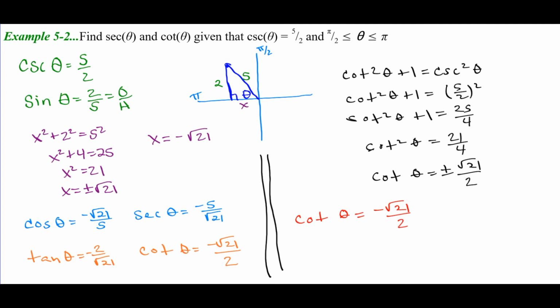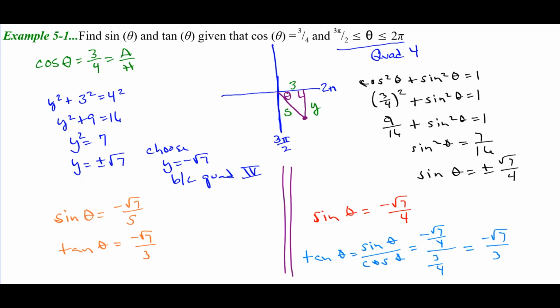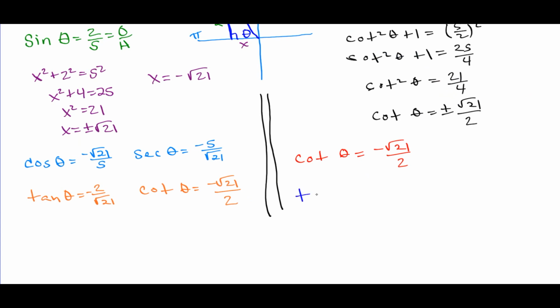We were also asked to find the secant value. So coming back to my equations, I need to find secant, and it's in this equation here. And so if I know my tangent value, I can use this equation. So since I have my cotangent value, I know my tangent value, which is the reciprocal of that, so negative 2 over radical 21.